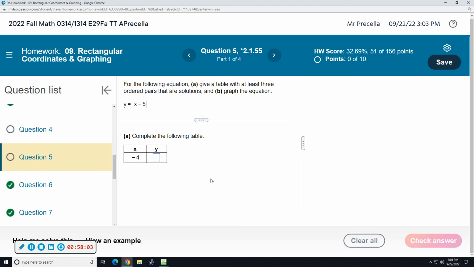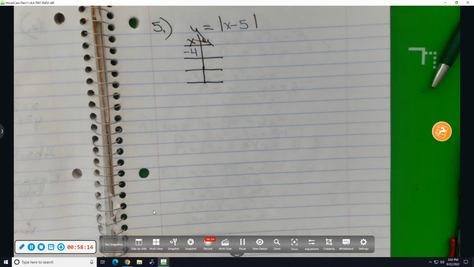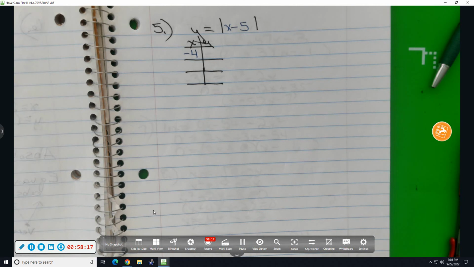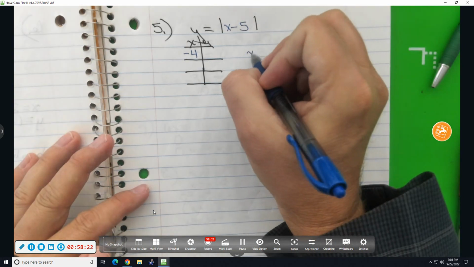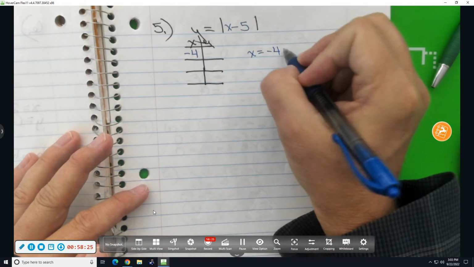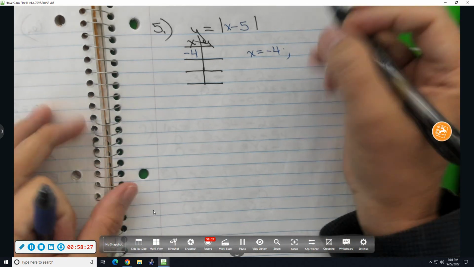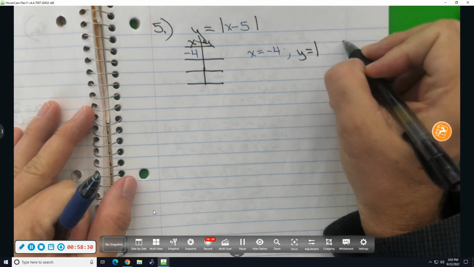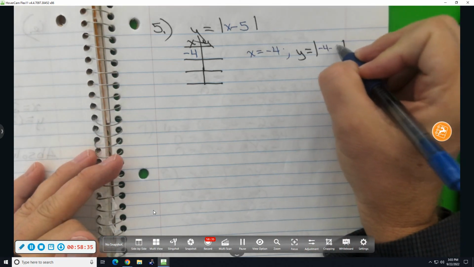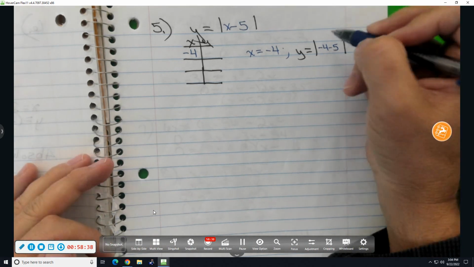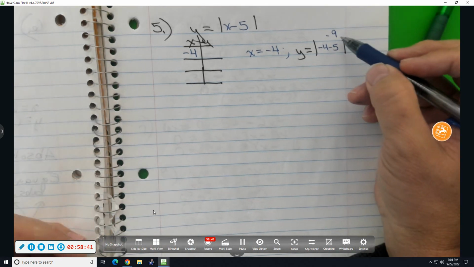Okay, so we have, first of all, an x value of -4. So this is saying plug in -4 for x. That'll give me y equals the absolute value of -4 minus 5. What's -4 minus 5? -9. Now be careful. What's the absolute value of -9?